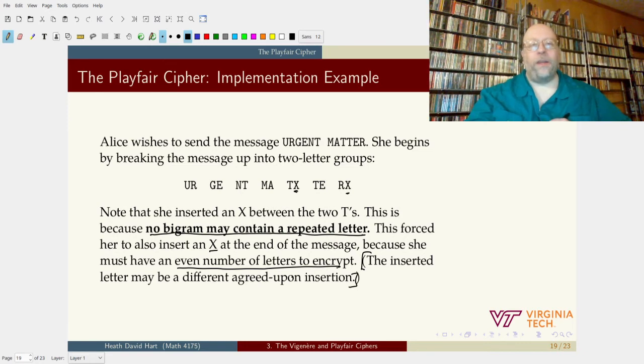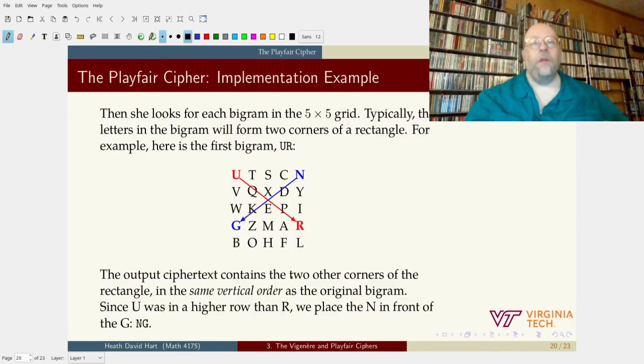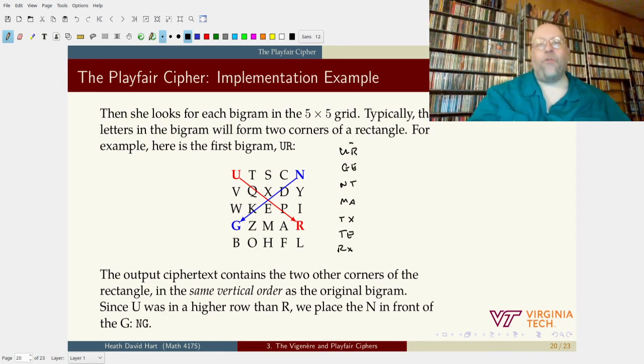So here's how we're going to encode this message. I look for each bigram in the message. The bigrams were UR, GE, NT, MA, TX, TE, and RX. I find the bigram in the message. It was U and R, and they're on this diagonal of a rectangle. And what I'm going to do is reverse the diagonal.